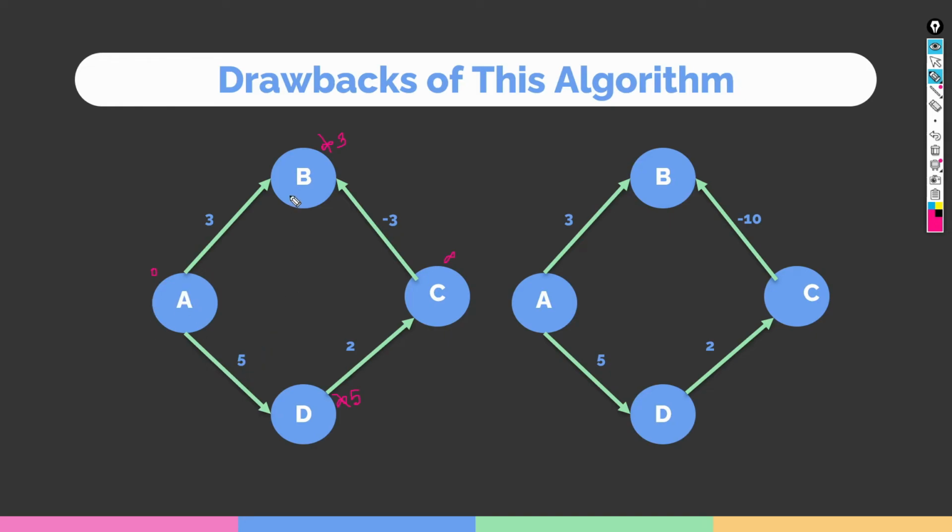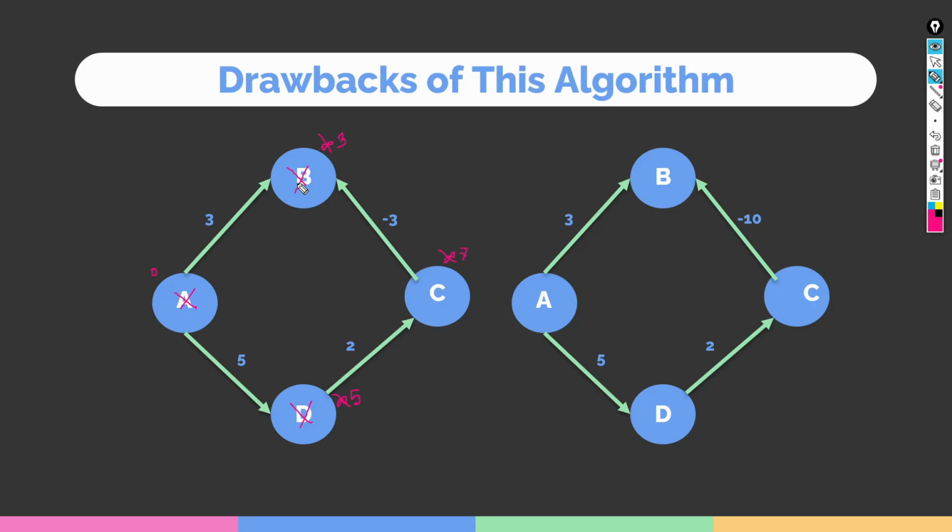Perfect. Now A is done. Now what's the shortest between B and D? And C, it's B. From B we cannot go anywhere, so B is done. Again D, from D we can go to C, so 5 plus 2 is 7, so this becomes 7. Perfect. So this is also done. Now let's check.